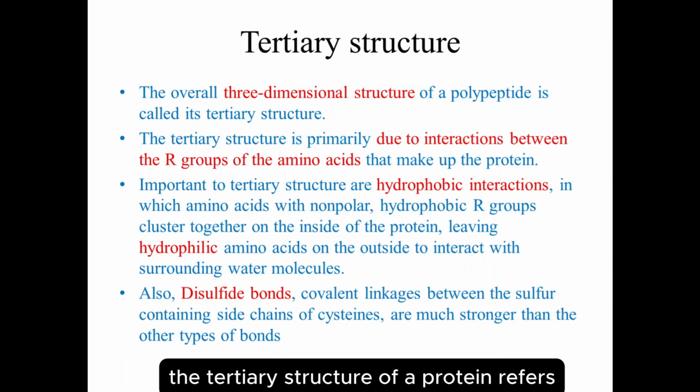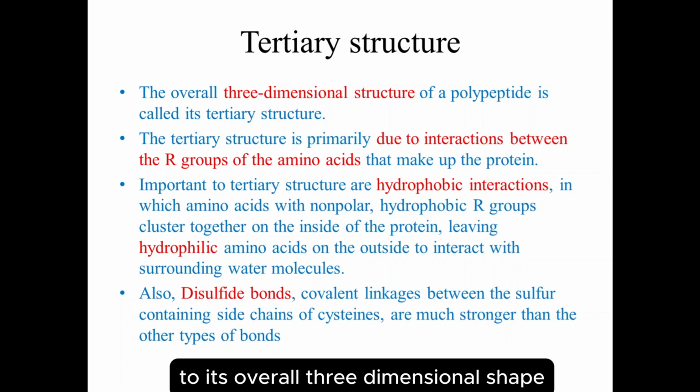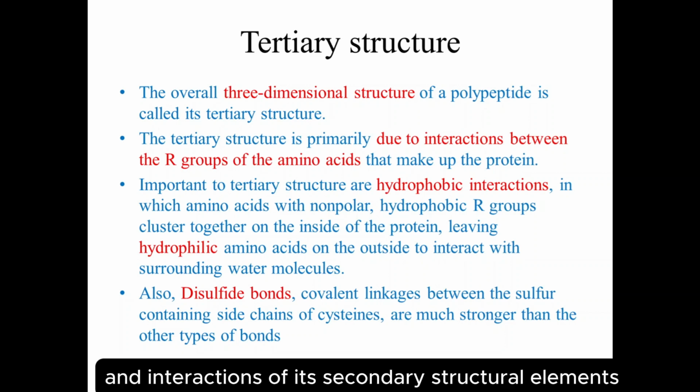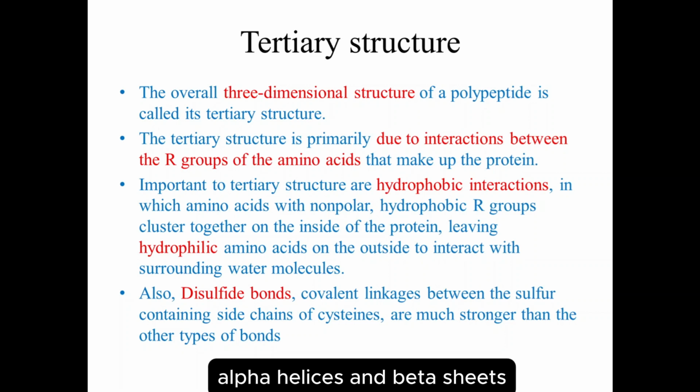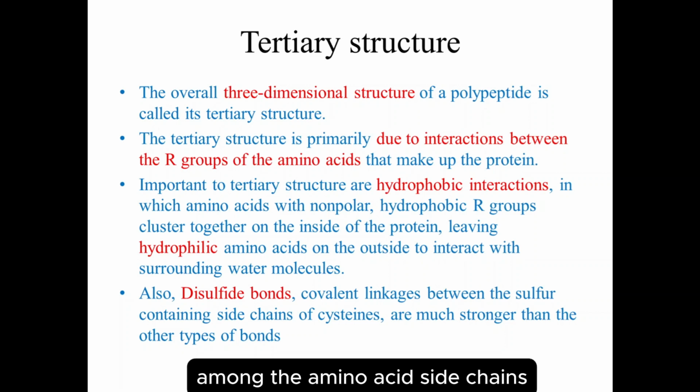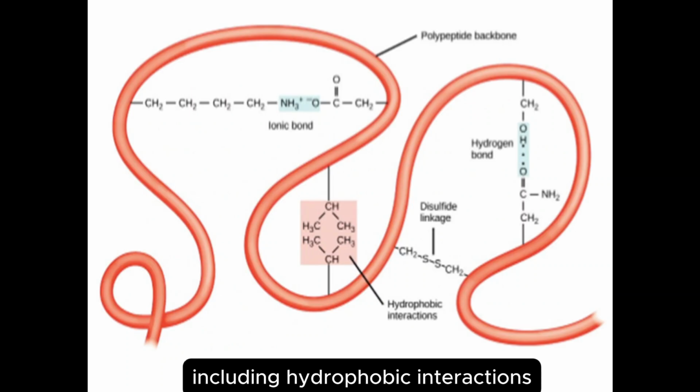The tertiary structure of a protein refers to its overall 3-dimensional shape, formed by the folding and interactions of its secondary structural elements, alpha helices and beta sheets. This structure is stabilized by various interactions among the amino acid side chains, including hydrophobic interactions.